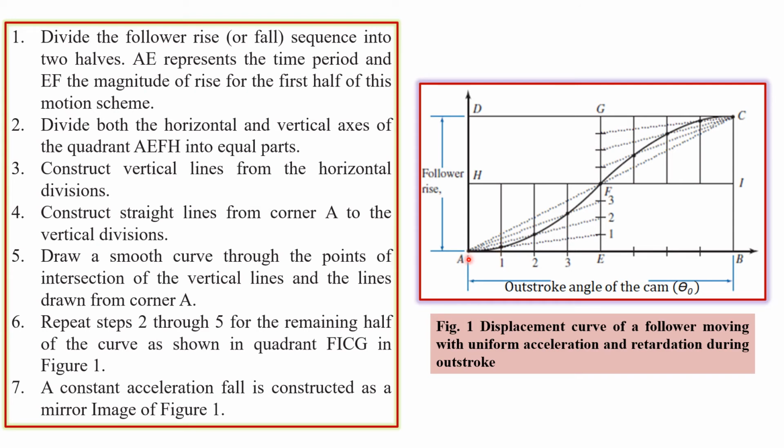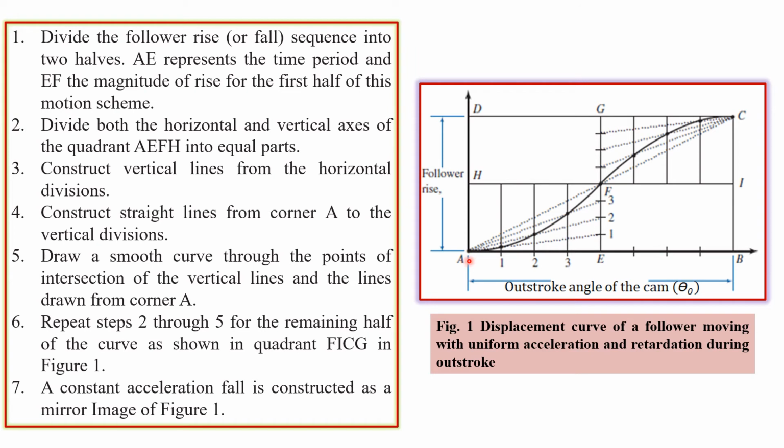Because the total outstroke angle we assumed is 80 degrees and every centimeter represents 10 degrees, it is going to be 10, 20, 30, 40, 50, 60, 70 and 80. So we have plotted a line 8 centimeters long and marked the graduations here.